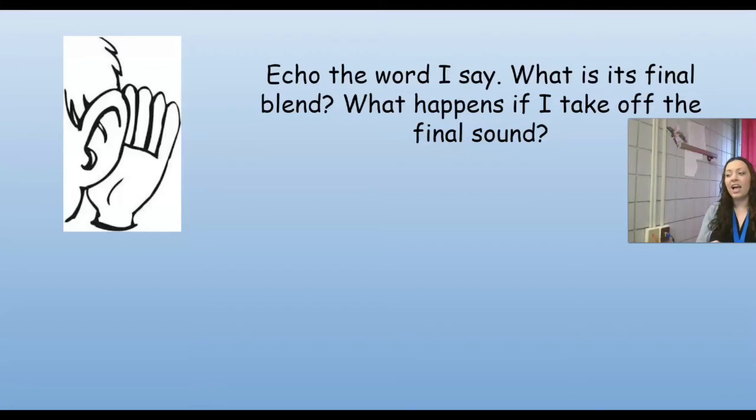Very good. How about tusk? Tusk. Take off the sk. I'm left with tu. Very good. How about task? Task. That's right. It's got that sk at the end. So task. Take off the sk. And I'm left with ta. Very good.